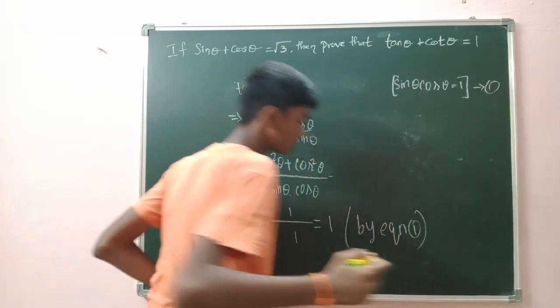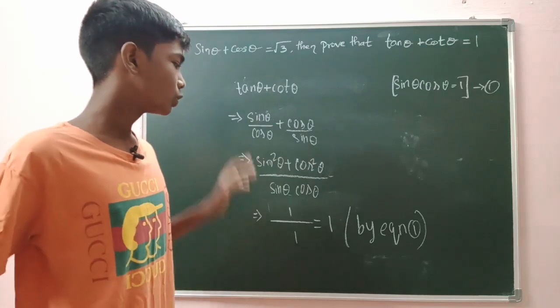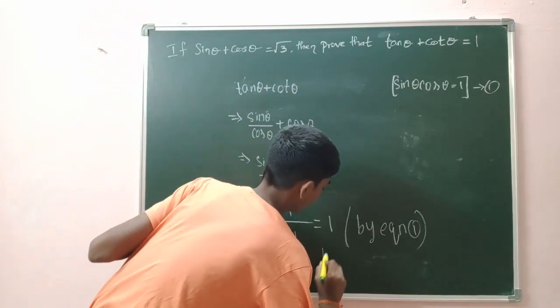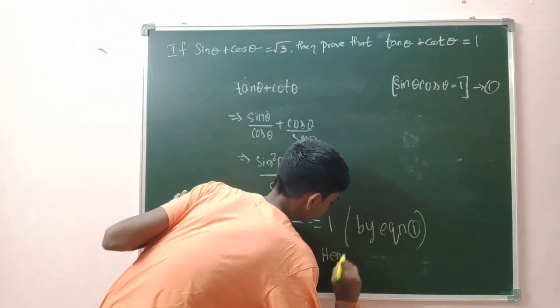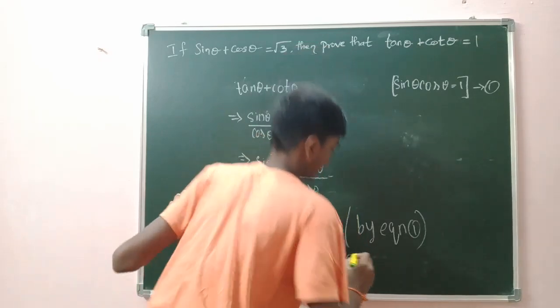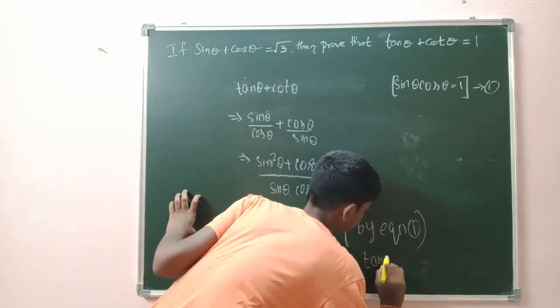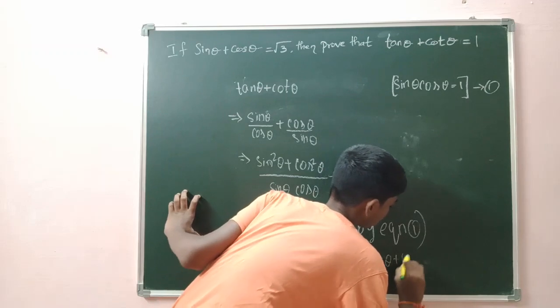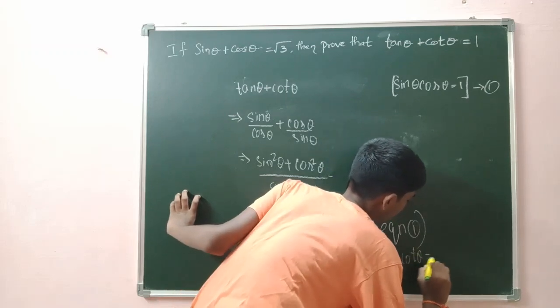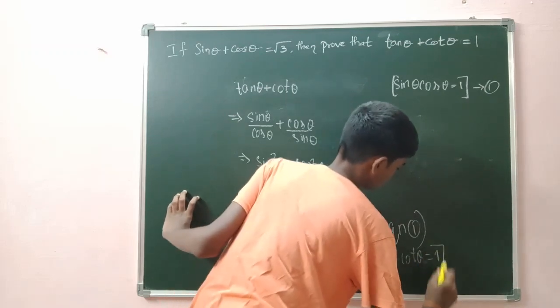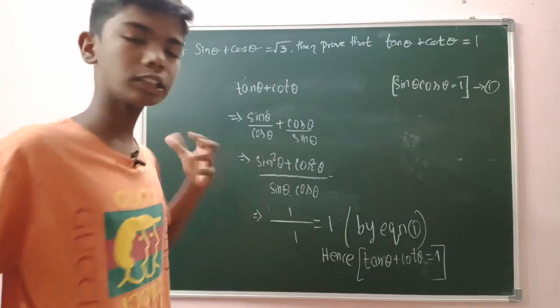You need to write like this. Every step is very important. So hence tan theta plus cot theta is equal to 1. So therefore it's proved, hence proved.